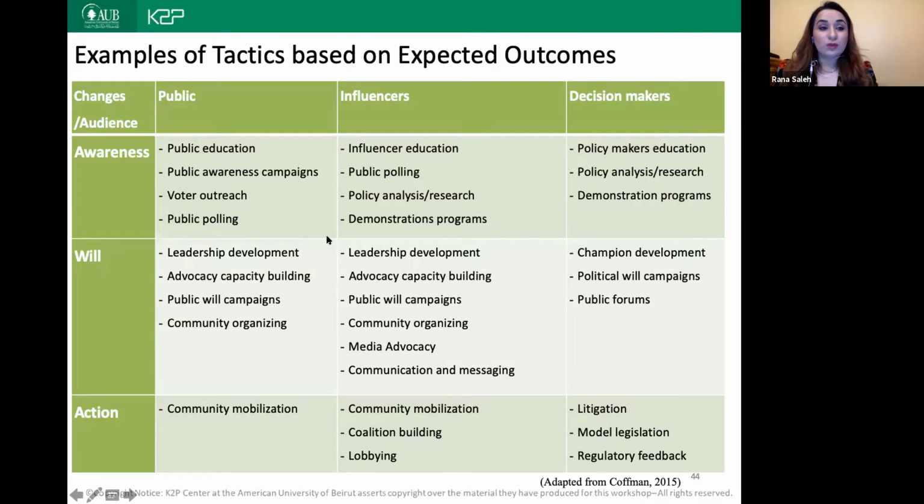If you're working on the will for influencers, for example, you can work on a leadership development campaign, building their advocacy capacity, community organizing, or having other media advocacy campaigns. Similarly with the decision makers, if you're working, for example, on their will, then you can work on the champion development, political will campaigns, and have public forums of discussions with those decision makers, and so on and so forth. So those are only some examples that illustrate some of the tactics.